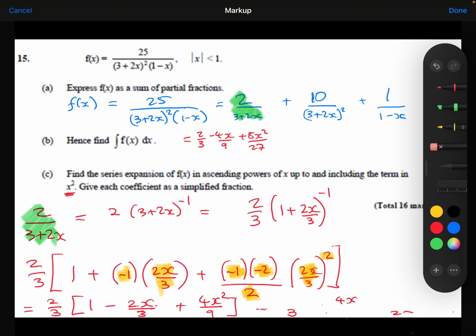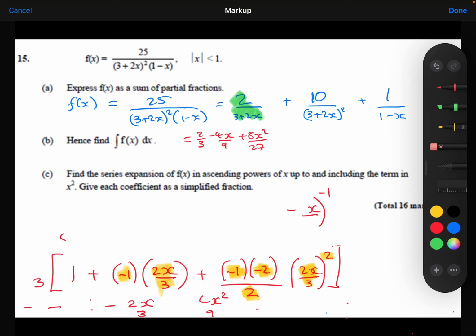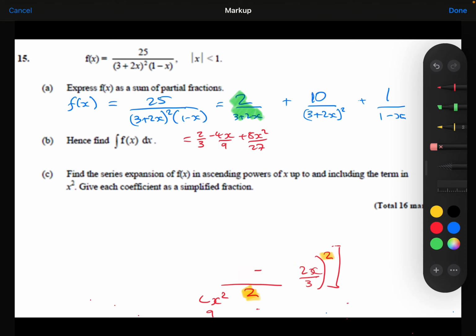Right, let's now move on to the second expansion. So exactly the same thing. We need to rewrite it so it's in the form where we can use the binomial expansion formula. So I want to move that 3 plus 2x squared up to being on the numerator. So I would have 10 lots of the 3 plus 2x to the power minus 2. And just like before, I'm going to have to factorise out that 3 because it needs to be a 1.